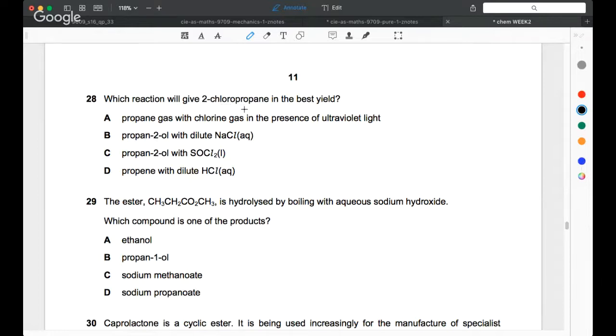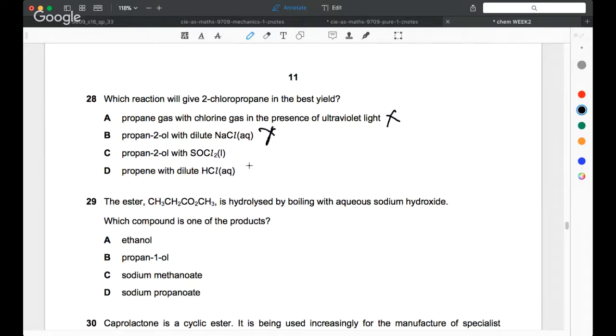You would form one position as well as two positions, right? There's no selectivity, so that does not give you the best yield. And then dilute NaCl doesn't react at all. It doesn't make sense.